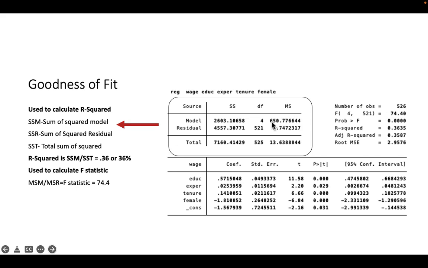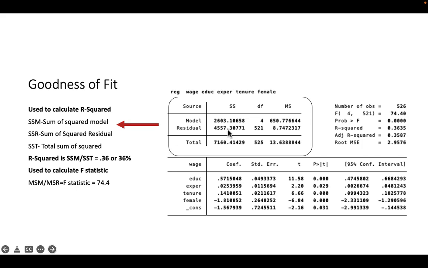If you look at this, the mean squared estimate, or the mean squared model, when divided by the mean squared residual, will give you the F statistic. Similarly, this is your SSE or SSM, the sum of squared estimates, and this is your sum of squared residuals.